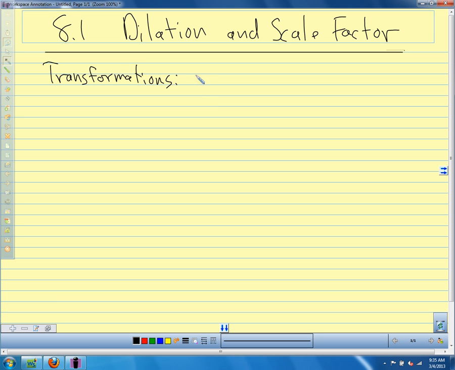Reflection was one of them. Reflection, rotation, and you were close, translation.